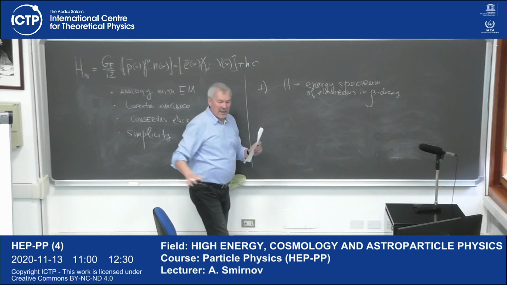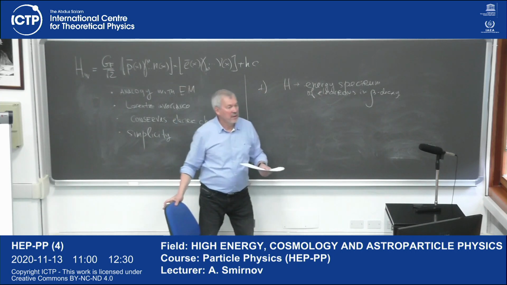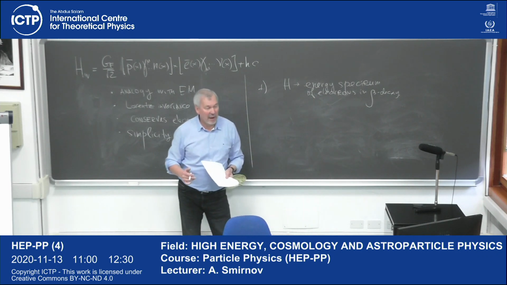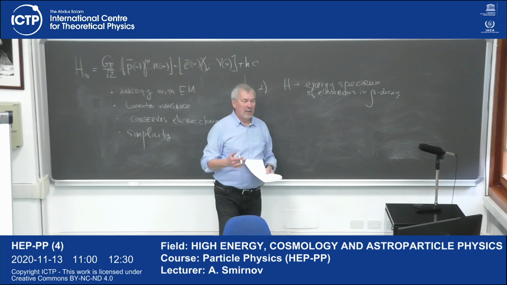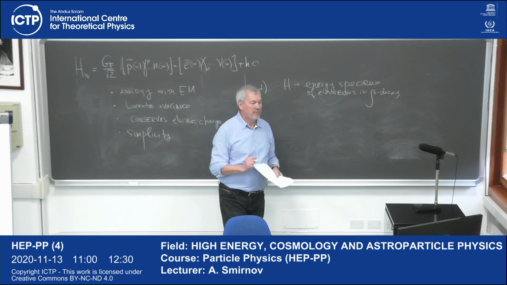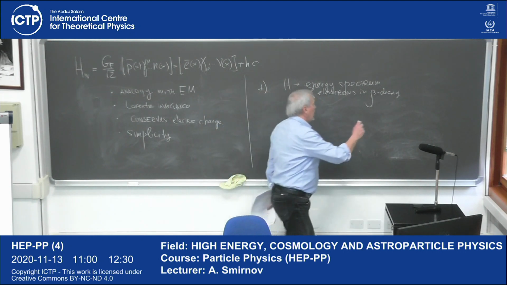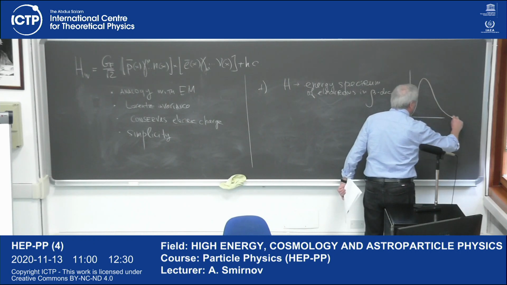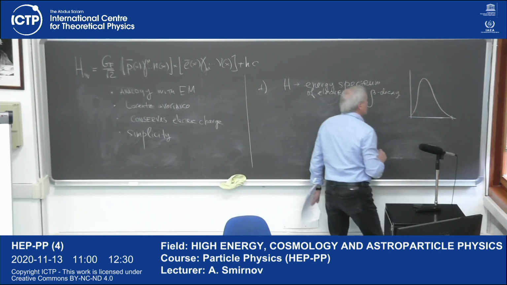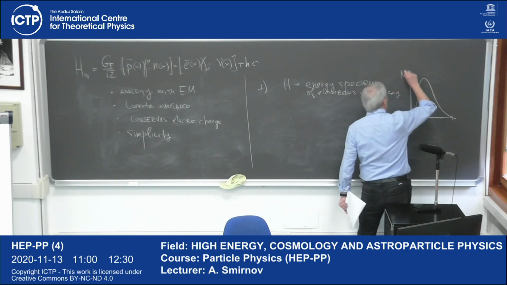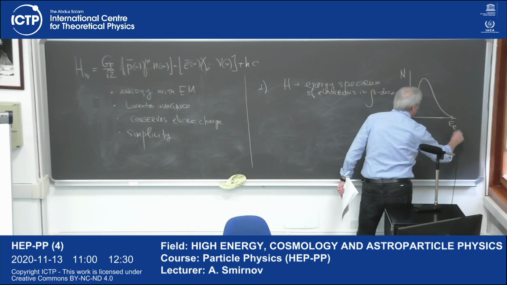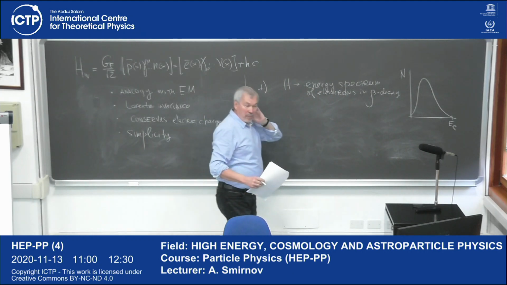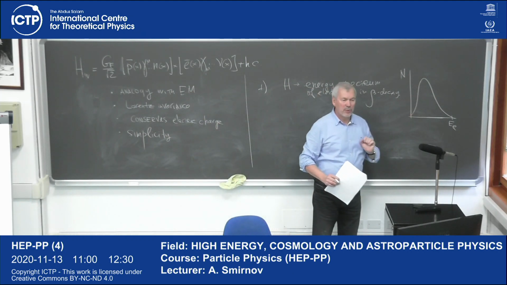And the computations were in very good agreement with observations. Remember, we started with these paradoxes, and one of the paradoxes was the continuous spectrum of electrons, which has such a shape with some endpoint. And computations with this Hamiltonian reproduced such a dependence very well.